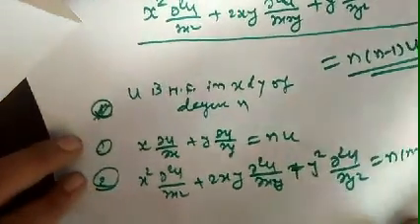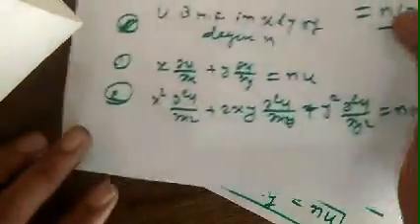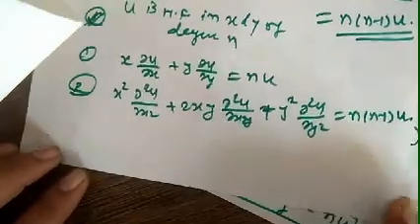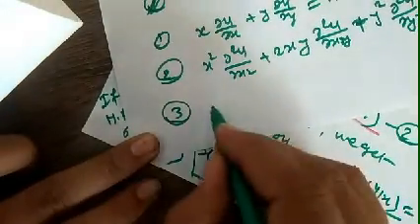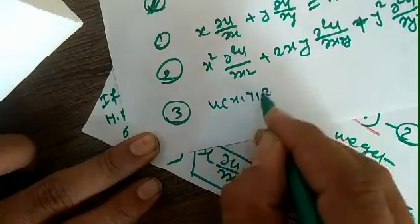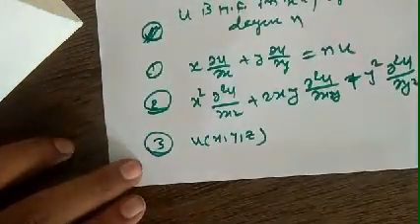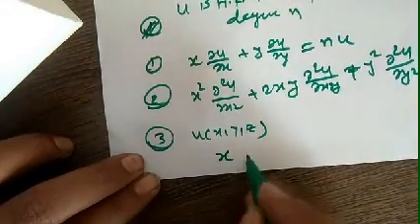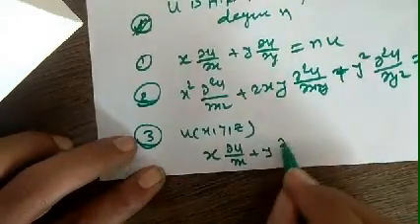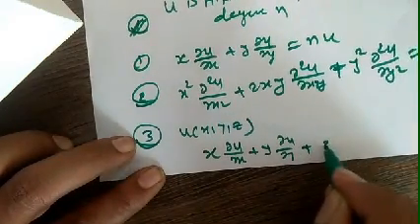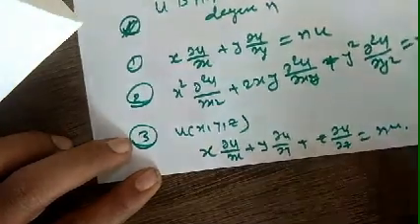This is our Euler's theorem, and this is very useful from the point of view of our exam. And for the third case, if u is homogeneous in x, y, z, then we can write x into del u by del x plus y into del u by del y plus z into del u by del z is equal to n u.